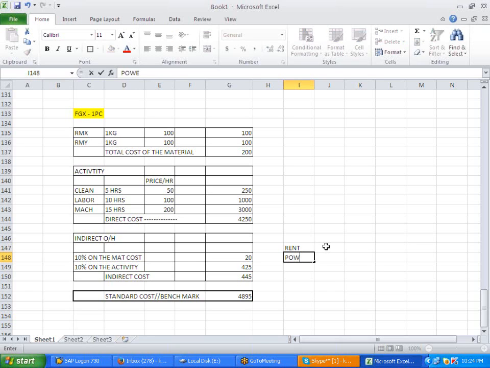All those indirect costs. We said 50,000 per annum for rent, and power also around 60,000 per annum. All these indirect overheads, which I cannot easily capture to this material, and also I cannot wait until the whole year.